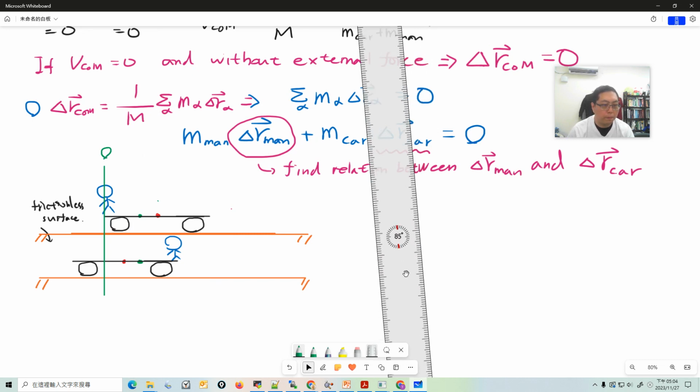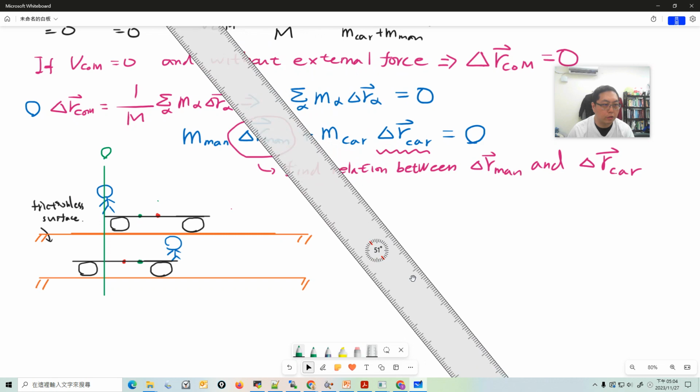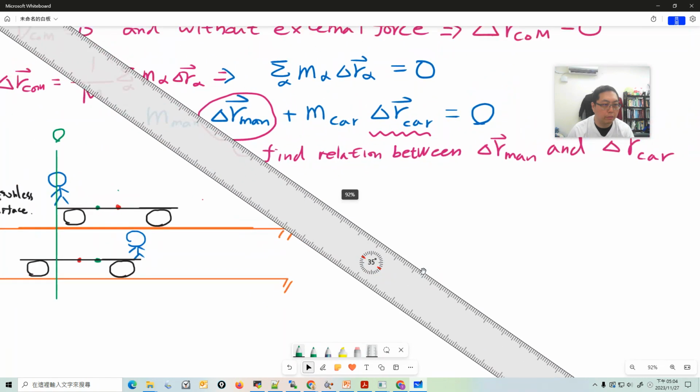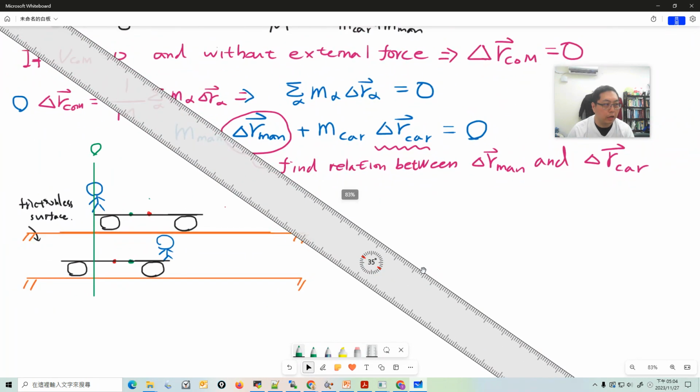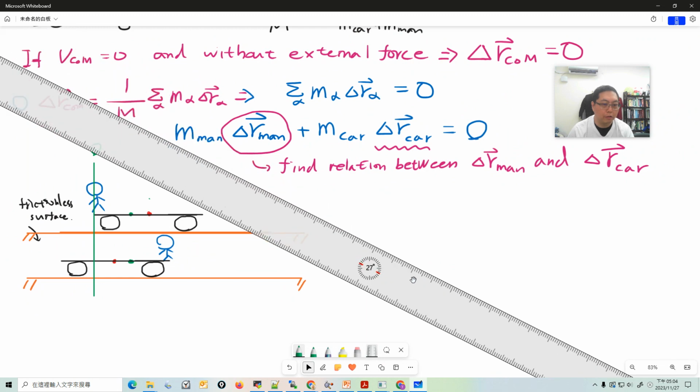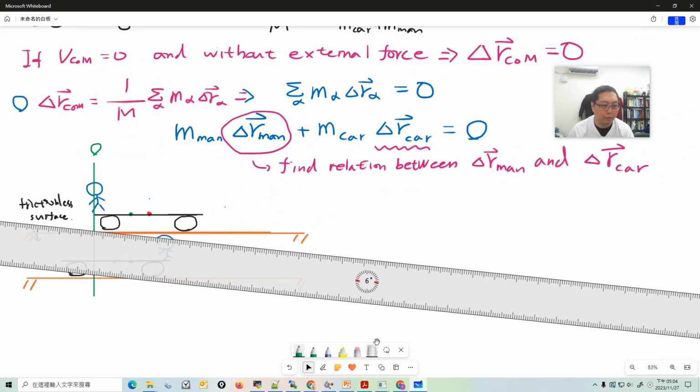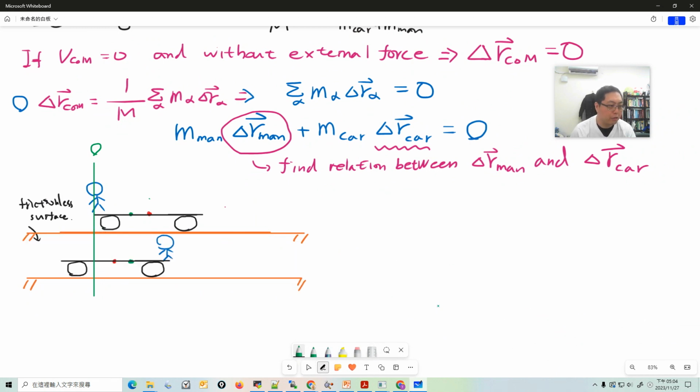Okay, so first of all, what's the delta R? What's the position displacement vector for the car? From this graph, what's the displacement vector for the man? Displacement only cares about your initial position and final position, right?